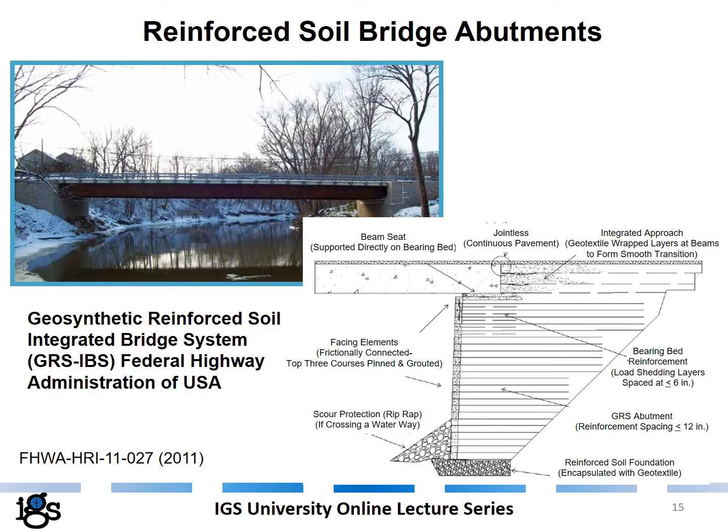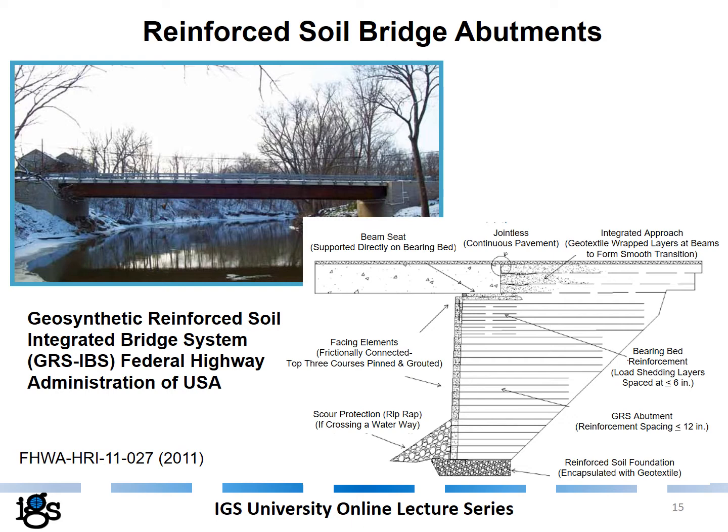One of the reinforcement applications are the reinforced soil bridge abutments, as you see in this picture. These bridge abutments are constructed using the soil reinforcement technique, and the bridge deck, as you can see on the sketch, sits directly on the reinforced soil structure.